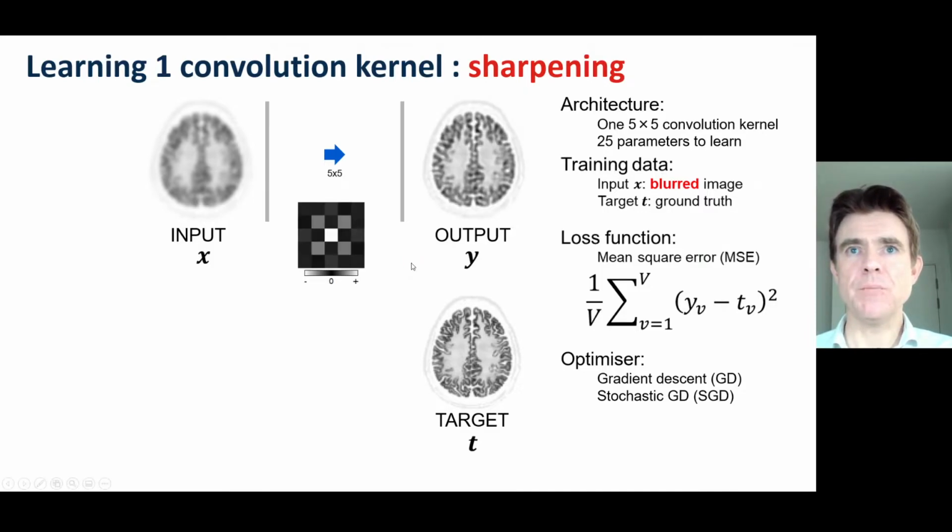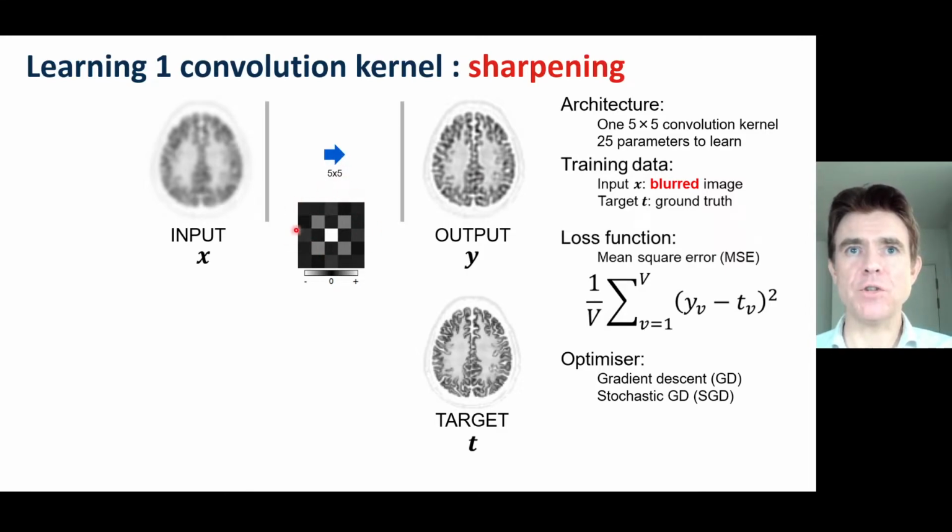Well, what we see is that we get a convolution kernel now with negative values within it, which is what we'd need for edge enhancement, for recovery of high spatial frequencies. And you can see that this blurred input image has now been resolution recovered to some extent within the limitations of a mere 5x5 kernel.